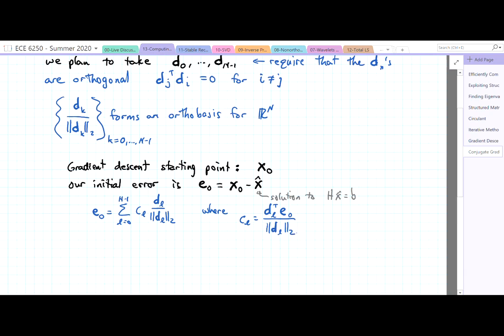Like so. So, just a simple orthobasis expansion into this somewhat arbitrary space.